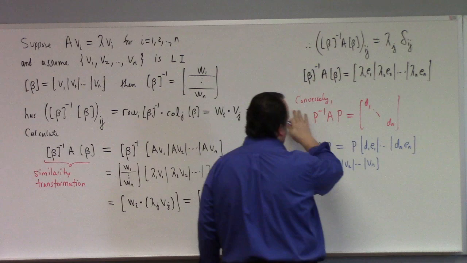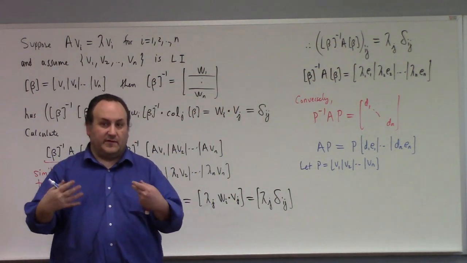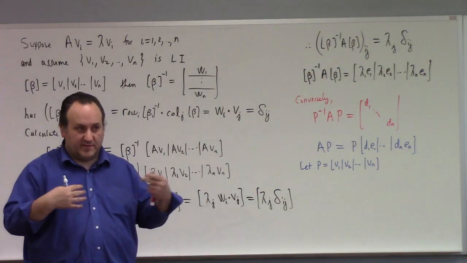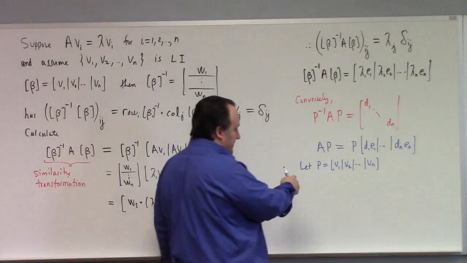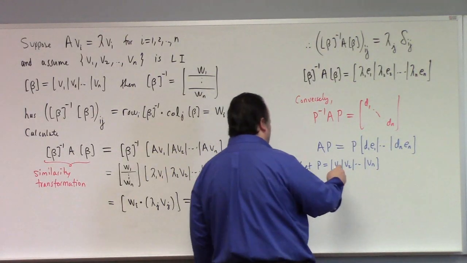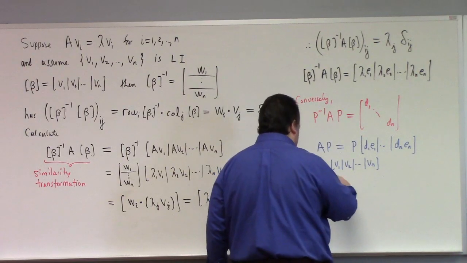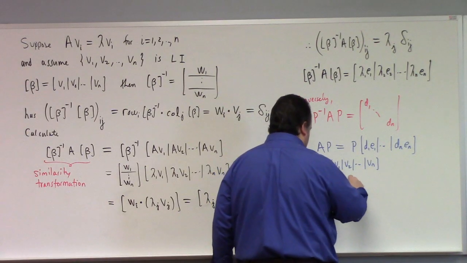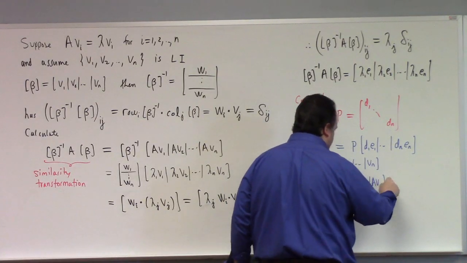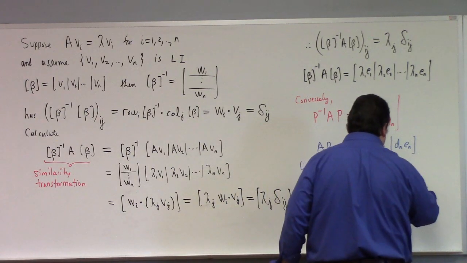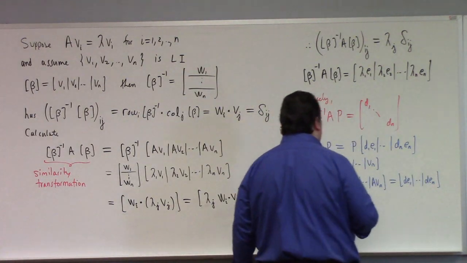And here, I'm not assuming that these are eigenvectors at the moment. I want to show you that they are. It follows from the condition P inverse AP equals a diagonal matrix, right? So if I let P be this, AP is equal to AV1, AV2, through AVn, and on the other hand, that's equal to P times D. Oh, my bad.